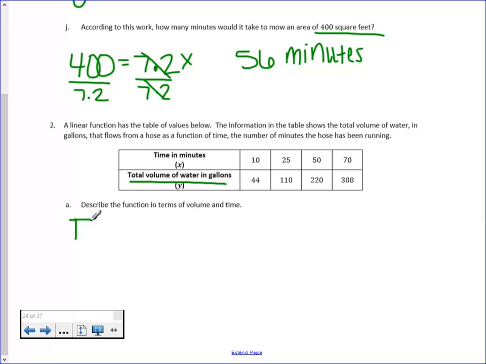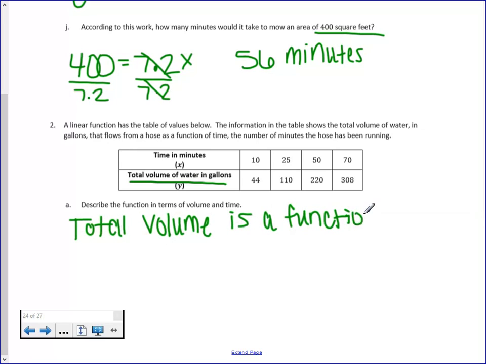Okay, so we're going to say the total volume. So we say what our y stands for, and then we'll write is a function of. And what's our x stand for? Time. So we say the total volume is a function of the time.